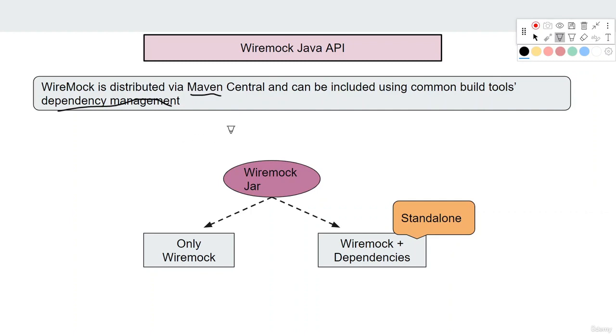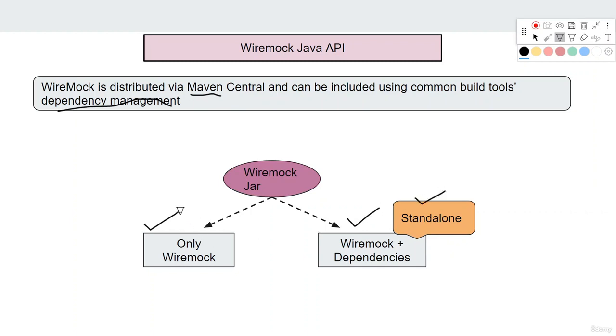Now the thing to note here is within the Wiremock we have two types of jar that Wiremock exposes. One only has the Wiremock itself, another has Wiremock as well as the dependencies. The dependencies are also packed in the same jar, right? And it is also known as the standalone jar.